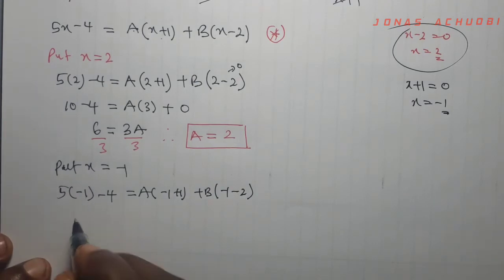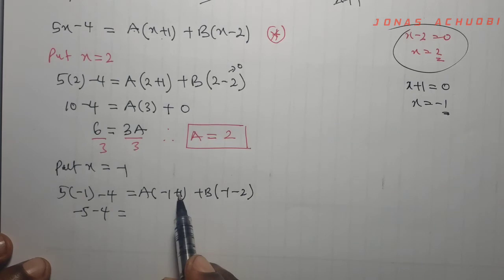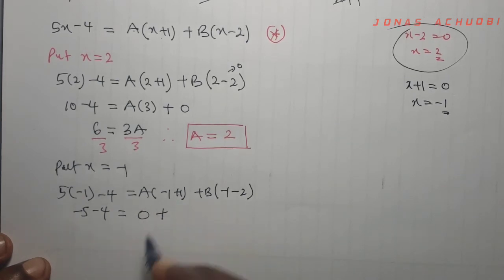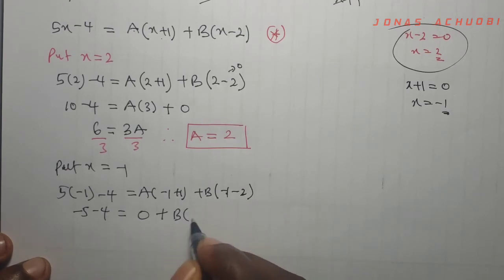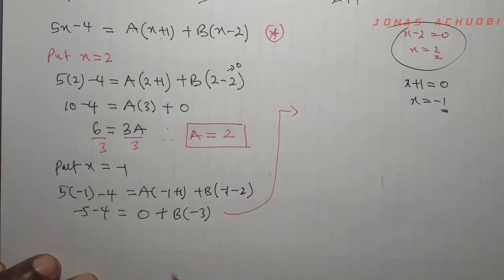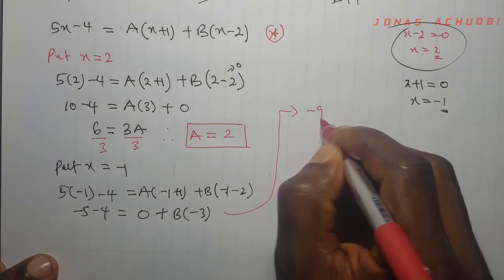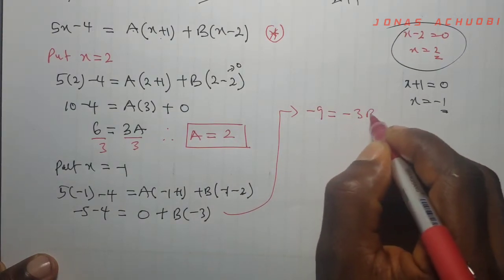So 5 times negative 1 is negative 5 minus 4, equal to negative 1 plus 1 is 0, so that 0 times A is 0. Plus negative 1 minus 2 is negative 3, so plus B into negative 3. So negative 5 minus 4 is negative 9 equal to B times negative 3, which is negative 3B.